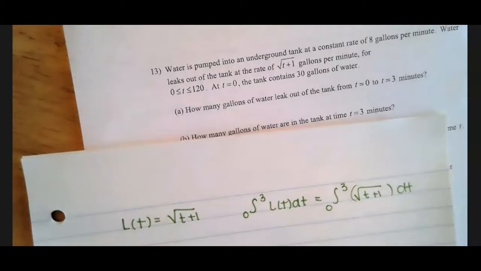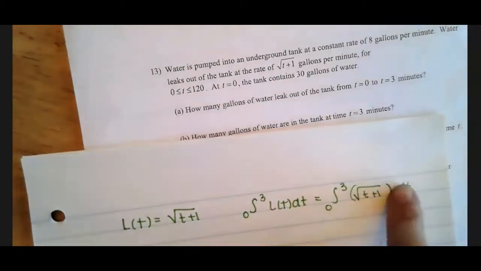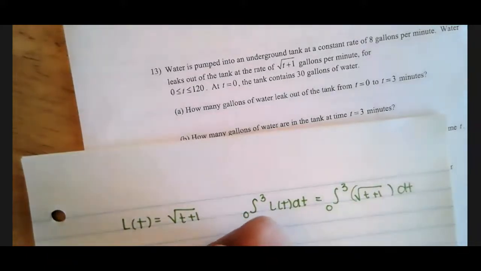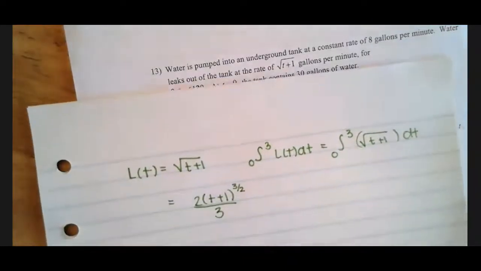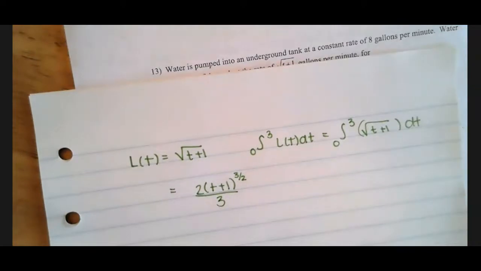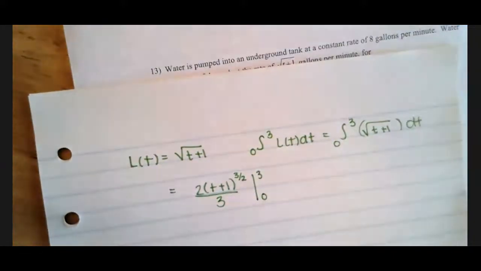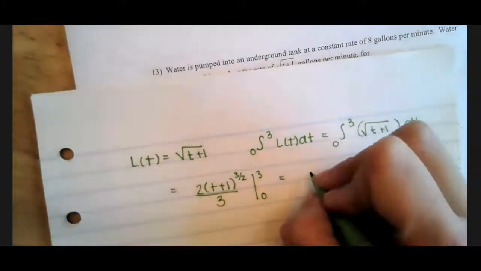And our reverse power rule would tell us that that's like 1/2. So that gives us the integral of t plus 1. Add an exponent, so it becomes 3/2 multiplied by the reciprocal of the fraction that would go in our denominator, so 2/3. And then we're evaluating from 3 to 0, which is really nice because the 0 part's going to cancel out.